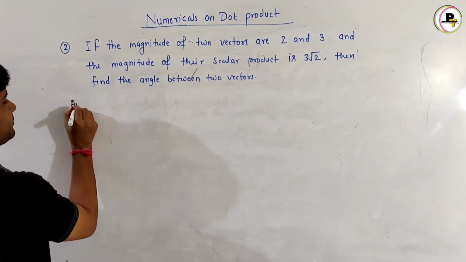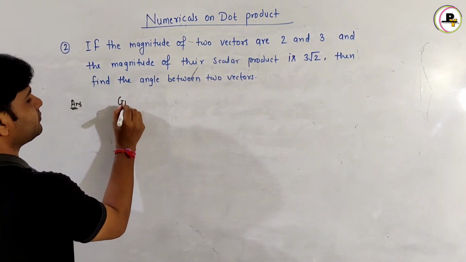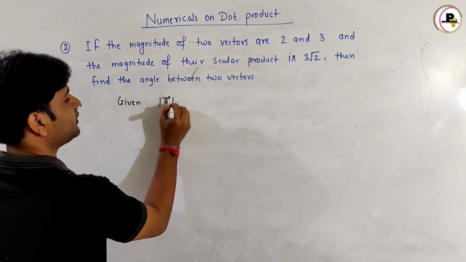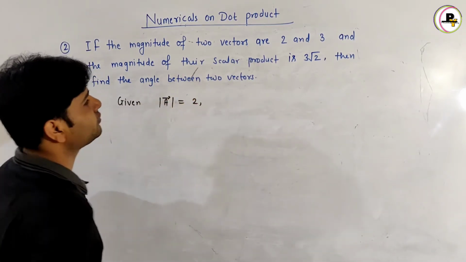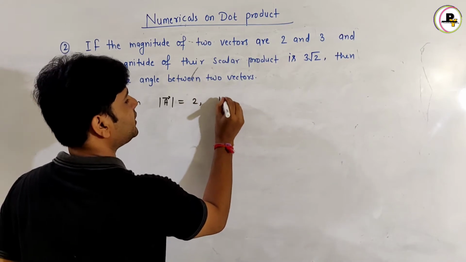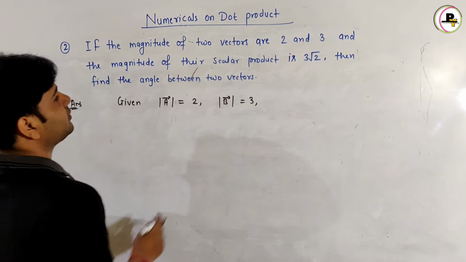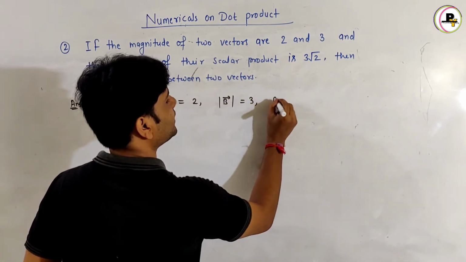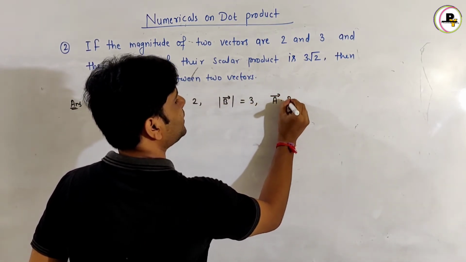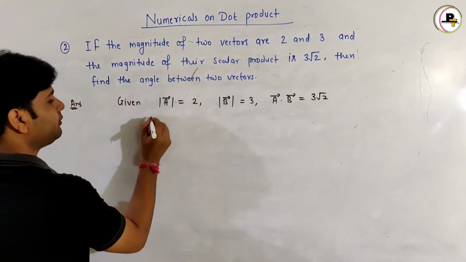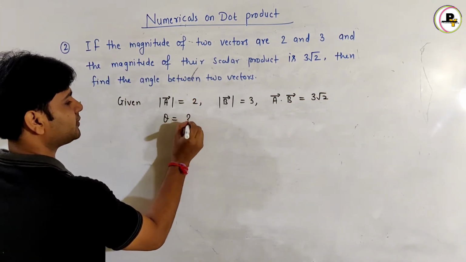We are given mod of vector A equals 2, mod of vector B equals 3, and the dot product a vector dot b vector equals 3 root 2. Then what I have to find is theta.